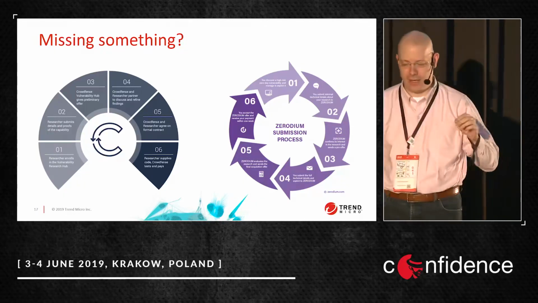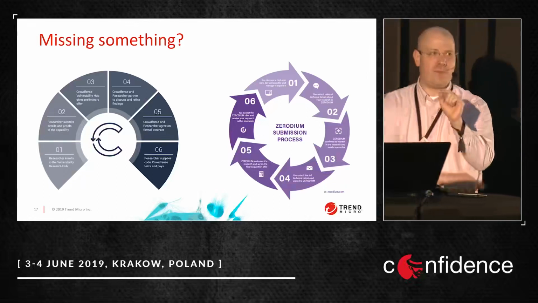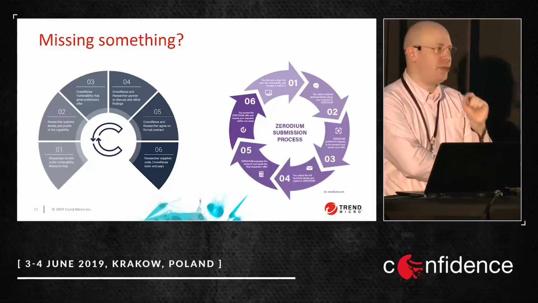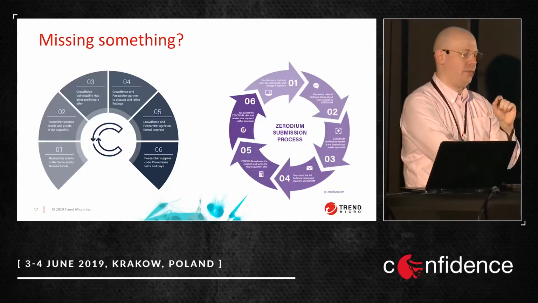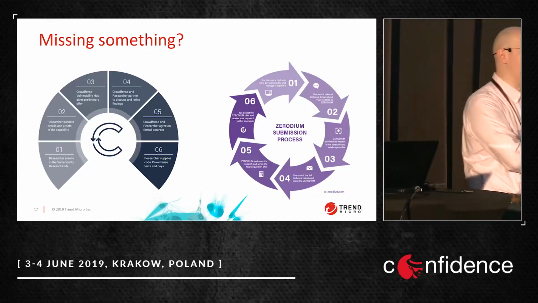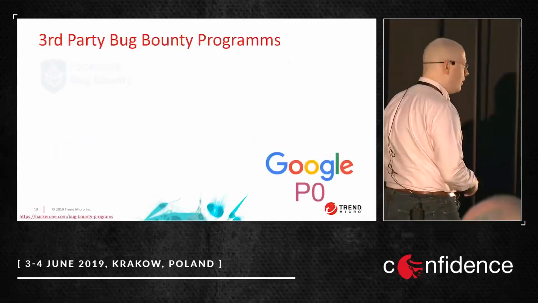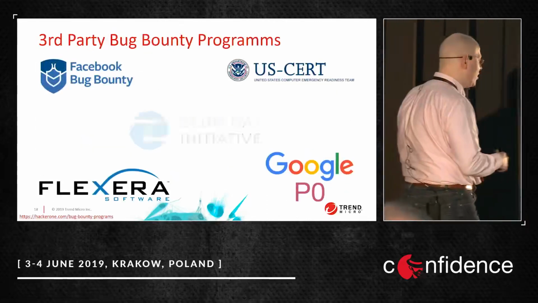So my point here, and if there is just one point that you're taking out of this talk, is: if you find a vulnerability, please do me the favor of either disclosing it to the vendor, or if you don't want to deal with the vendor, use one of several open disclosure programs.